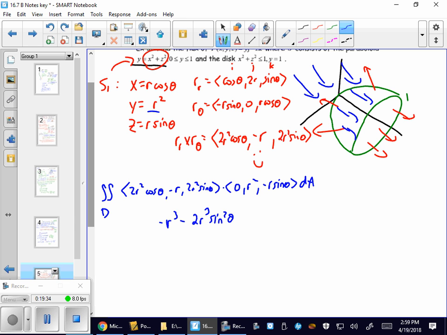Yeah, that looks right. dr d theta, where my radius, the biggest radius we have from this looks like it's going to be 1. So we're going to go 0 to 1. And of course the surface goes all the way around, so 0 to 2 pi.